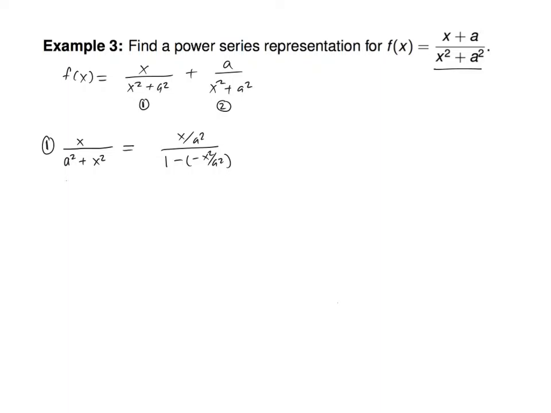All right, so that's equal to the sum n equals 0 to infinity of x over a squared times negative x squared over a squared to the n power, sorry. Yep.